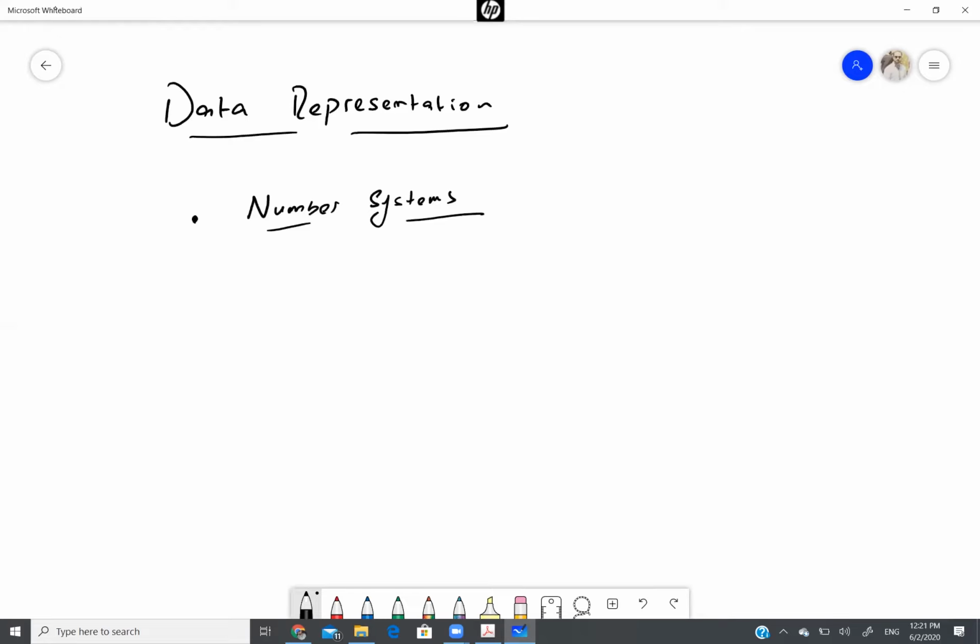So number systems, what we were used to: how to convert a decimal number into its binary equivalent, how to do that if it's a base 10 thing, meaning decimal, how to convert it into hexadecimal, and so on.